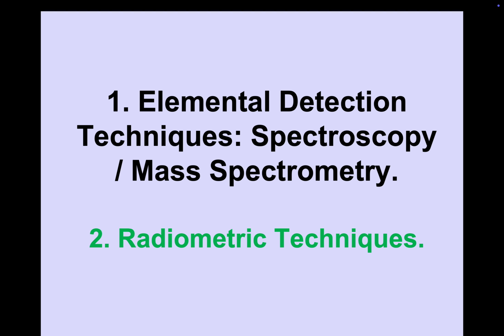This week we're now moving on to solely discuss different radiometric techniques. So here we're using the properties of radioactive decay to tell which radionuclides are in a sample, and also how many or what concentration they're present in.